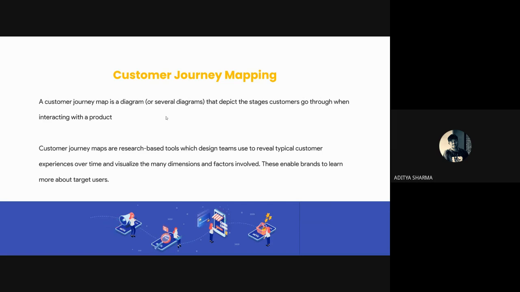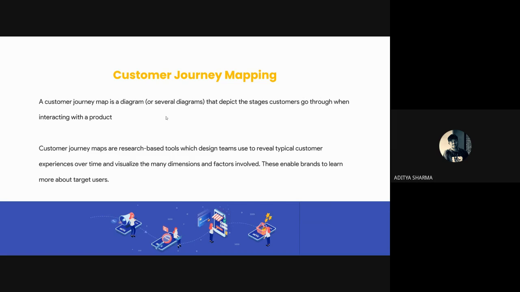What is the emotional state of the user? What are the touch points, the things the user is interacting with? And what are the opportunity areas, the intervention areas, that we can think of in order to create a new feature or functionality in the product that we are creating?